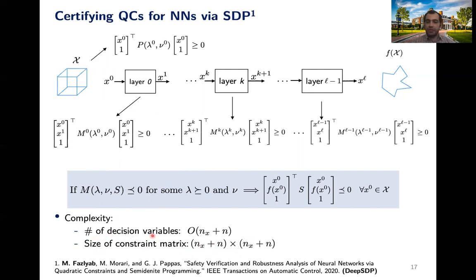And the number of decision variables or the number of multipliers scales linearly with the input dimension and number of neurons.